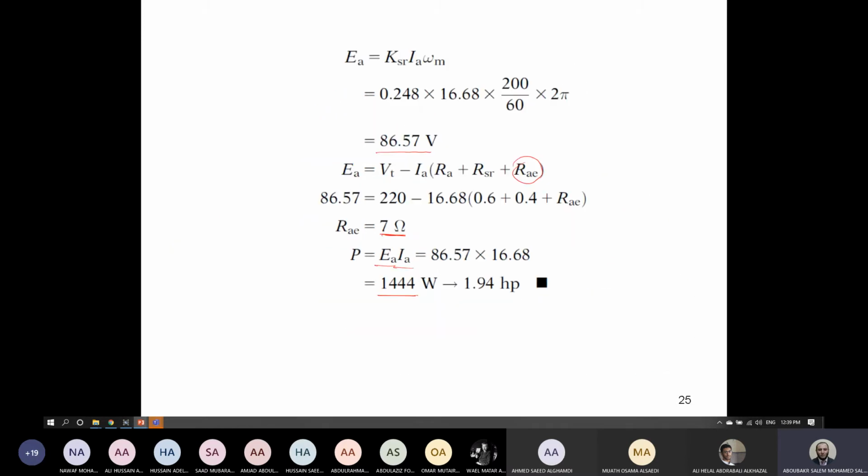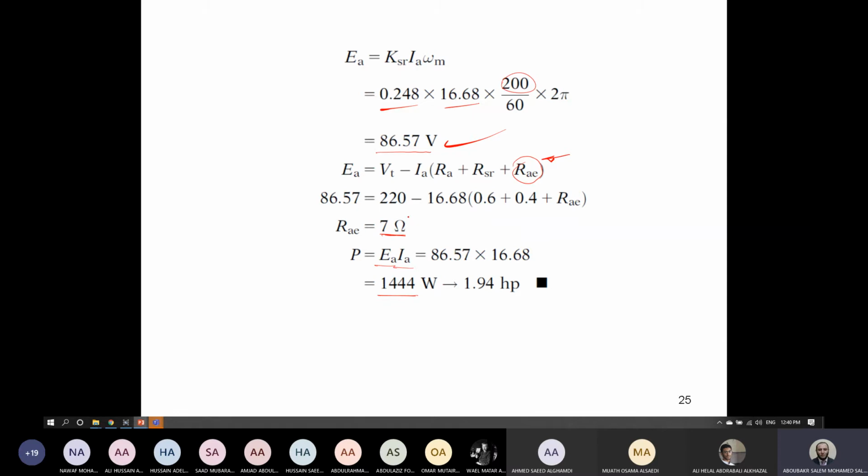So simply EA equals K series IA omega M. We have K series, we have the current, and we have the speed of 200 RPM. So simply we could obtain the value of EA. After getting the value of EA, we can apply Kirchhoff voltage law on the motor circuit in order to get the value of rheostat. So this is the way we can get the value of rheostat.